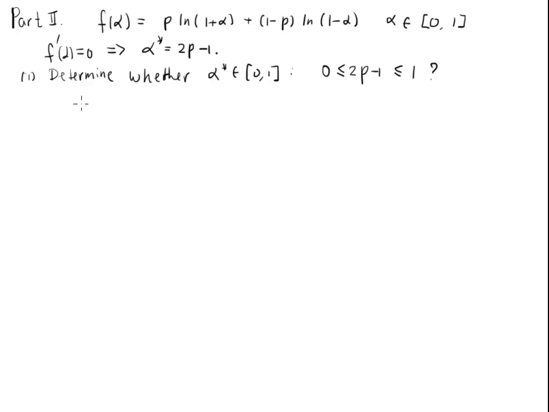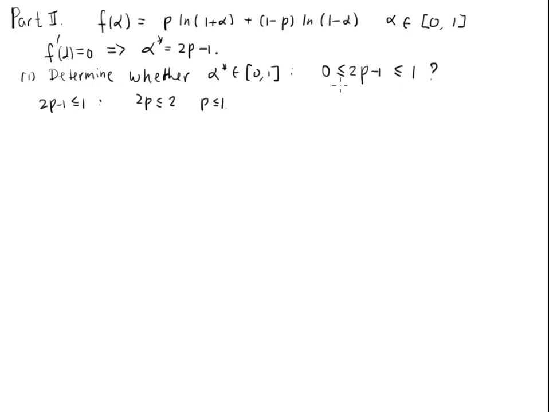Okay. Now, if we look at 2p minus 1 less than or equal to 1, then it means 2p is less than or equal to 2, or p is less than or equal to 1. Now remember, our win probability p does satisfy this condition, so we know 2p minus 1 is less than or equal to 1.